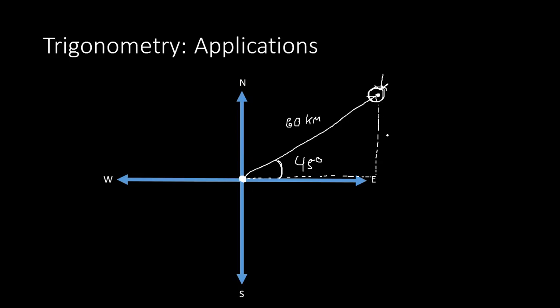So we are looking for the distance of the horizontal component. Let x be the horizontal component and y be the vertical component. Here you can clearly see that I am forming a triangle. This one is another application of physics. If you studied vectors, I think you'll understand what I mean.